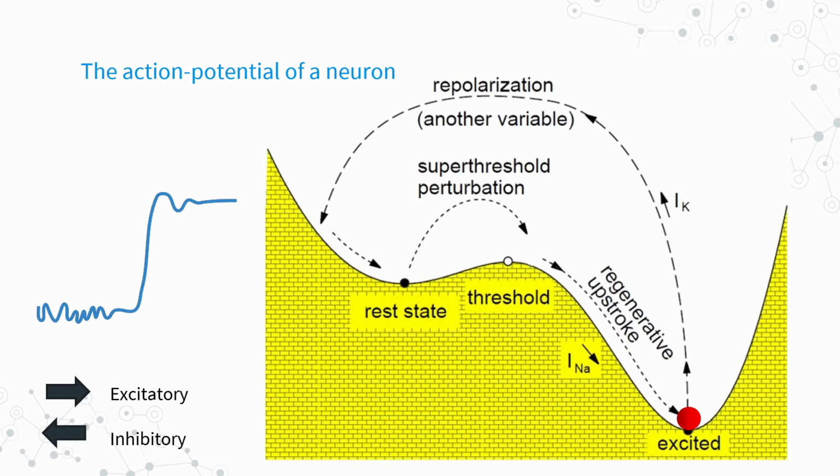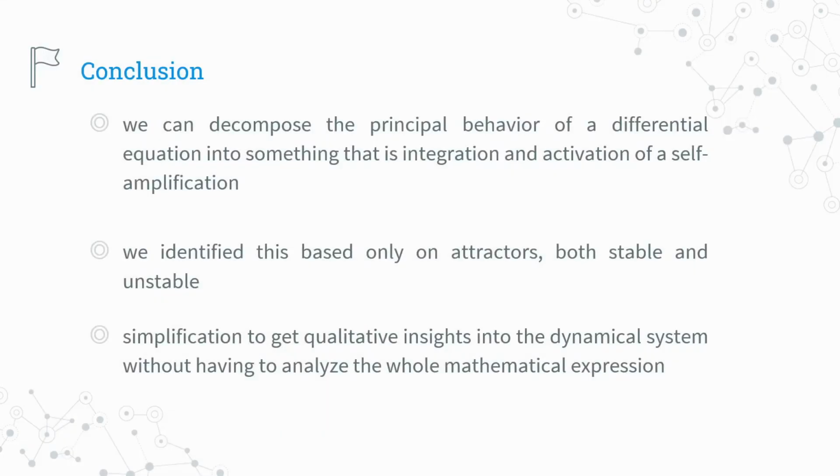Thus we can say that the unstable equilibria separated two domains which have very different behavior. On the left, the concept of integration, and on the right side we would have self-amplification and the upward movement of spike production. And thus we hopefully achieved an understanding of a concept that can be arbitrarily complex.